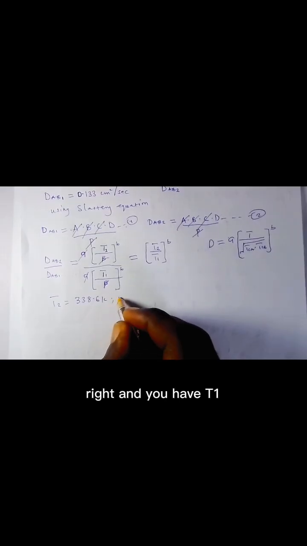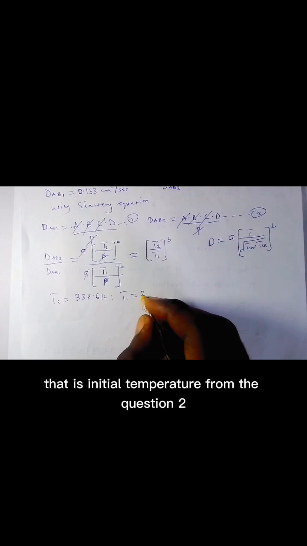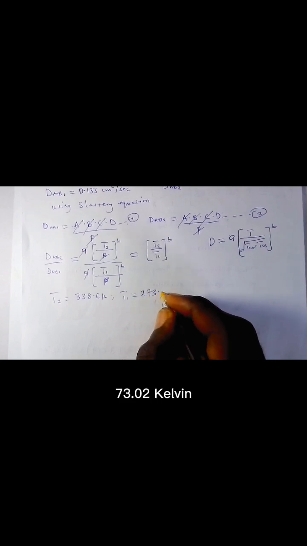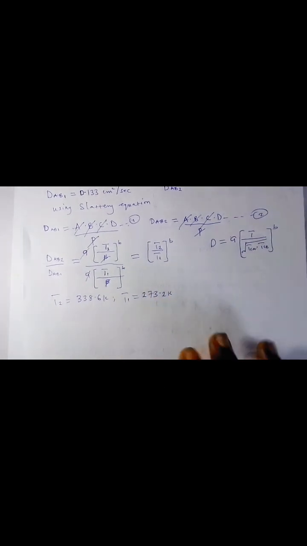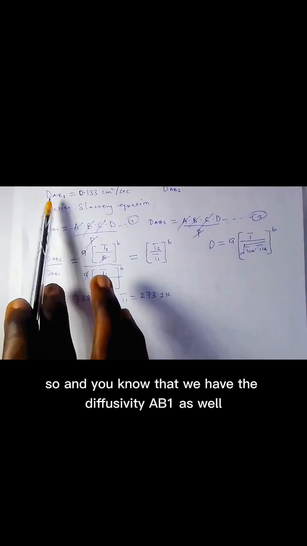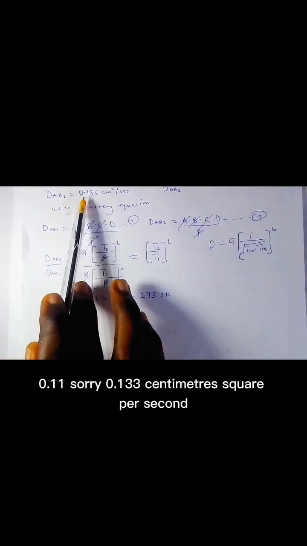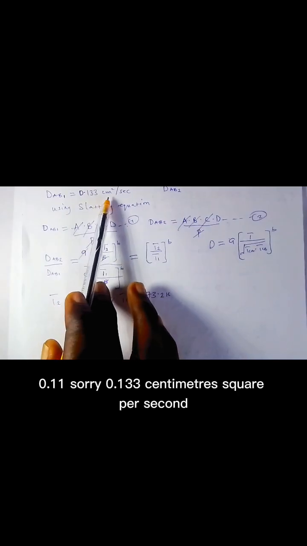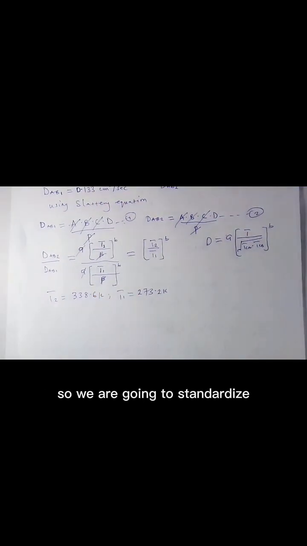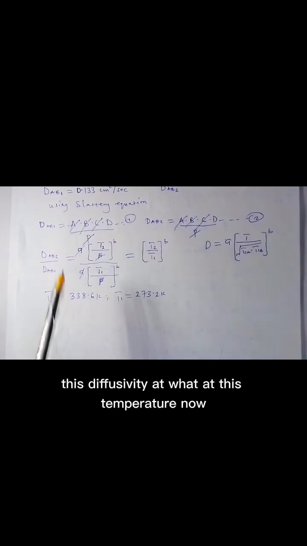T1 is the initial temperature from the question, 273.2 Kelvin. And we know that diffusivity AB1 is 0.133 centimeters squared per second. So we are going to standardize this diffusivity at this temperature now.